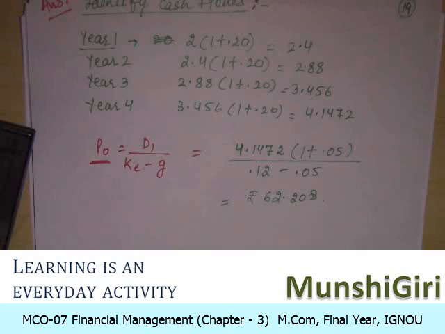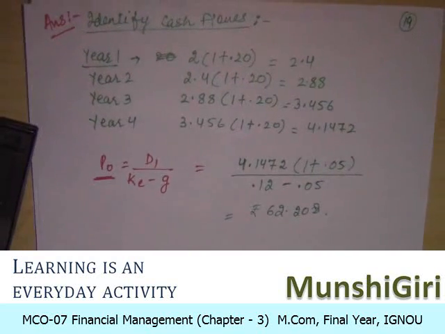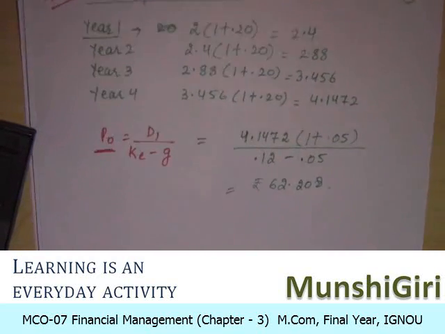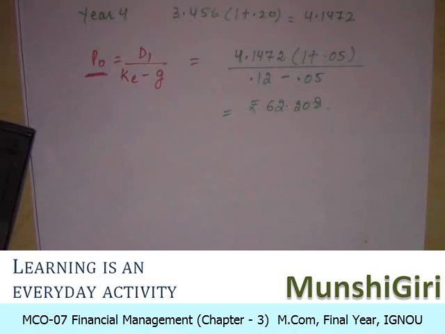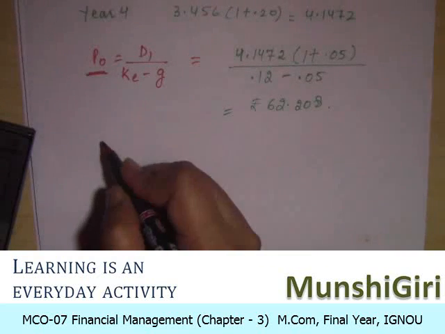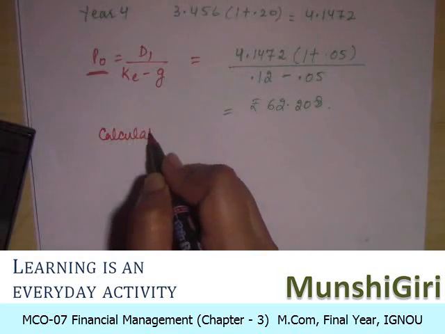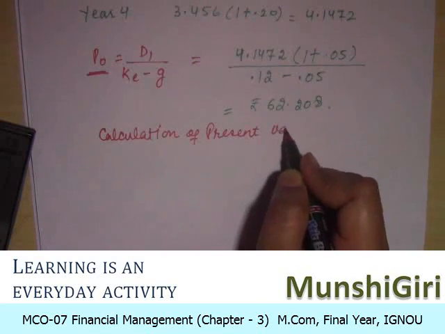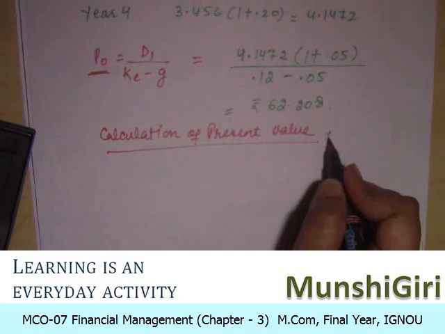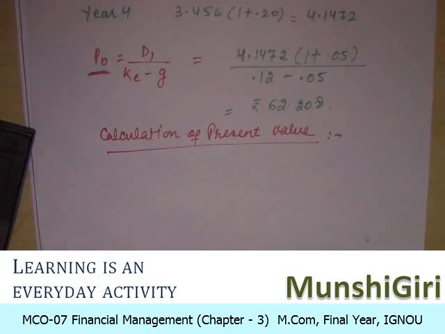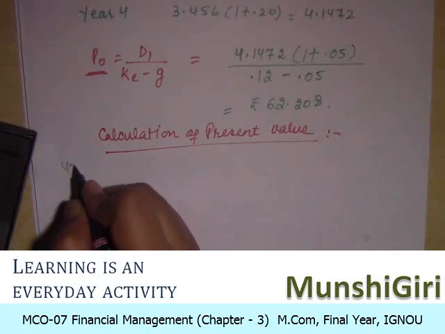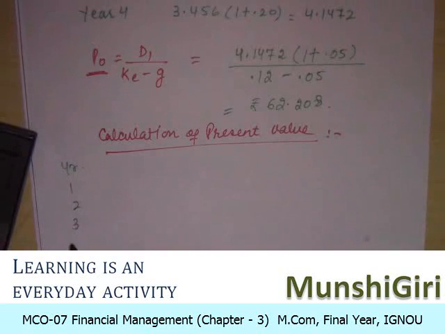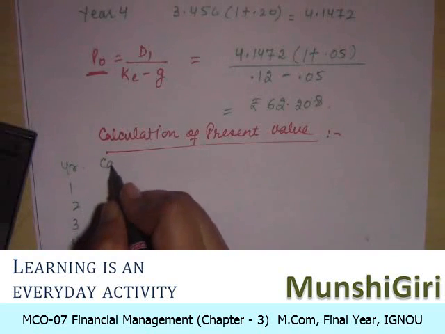Now we'll calculate the present value at 12%. What is 12%? 12% is the rate of return desired by the investor. So let's calculate the present value. Year 1, 2, 3 and 4 cash flows.